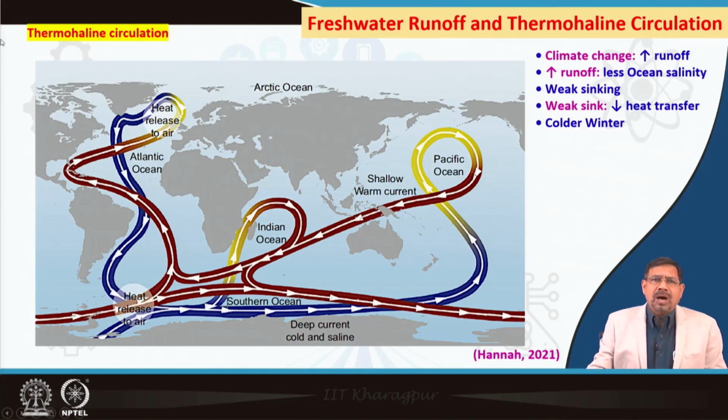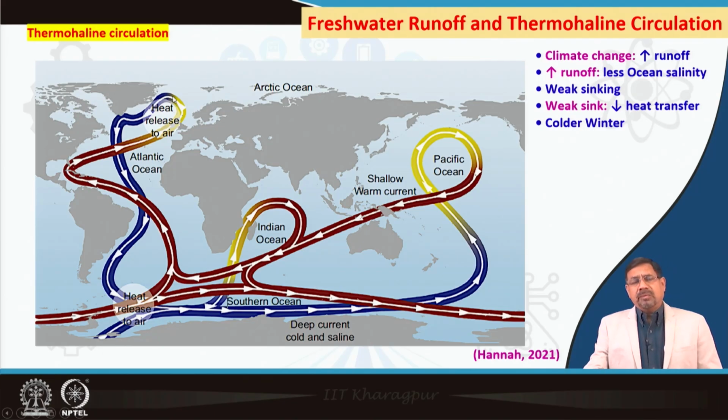So, this warm water is driven to both sides toward the polar regions where the water is relatively cool. So, in turn it loses the heat, and as all of us know, cold water dissolves more carbon dioxide than warm water.